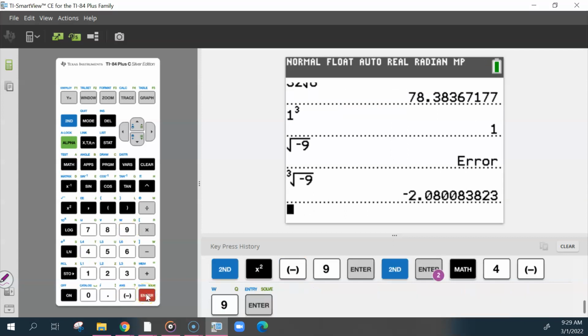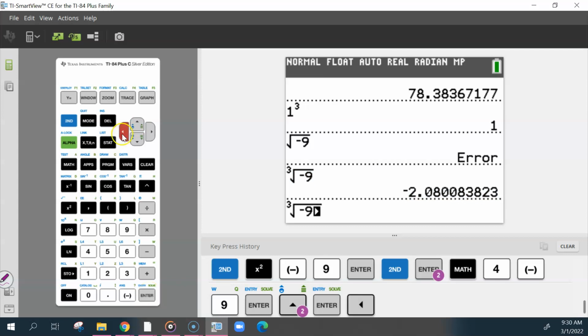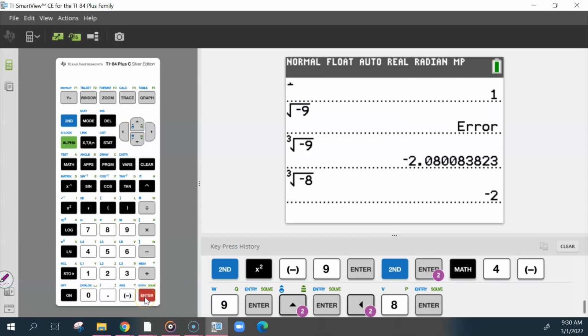Let's try that. Okay. We can take the cube root of a negative, because really that's the same thing as me saying -2 times -2 times -2. -2 times -2 is a positive, times another negative makes it negative. And it's okay. Those are allowed.